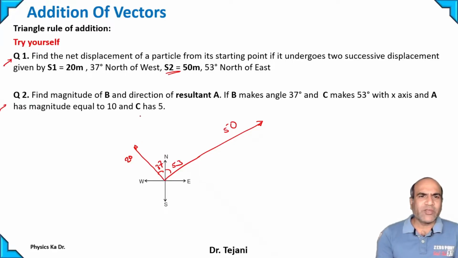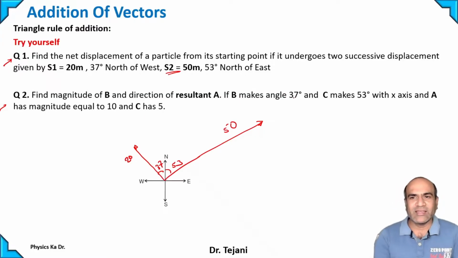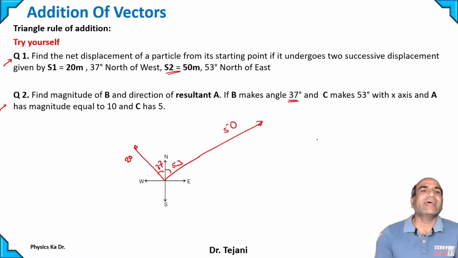Second, find the magnitude of B and the direction of resultant A, if B makes an angle of 37 and C makes an angle of 53 degrees with the x-axis, and A has magnitude equal to 10 and C has 5. So another question is there. What is mentioned here?